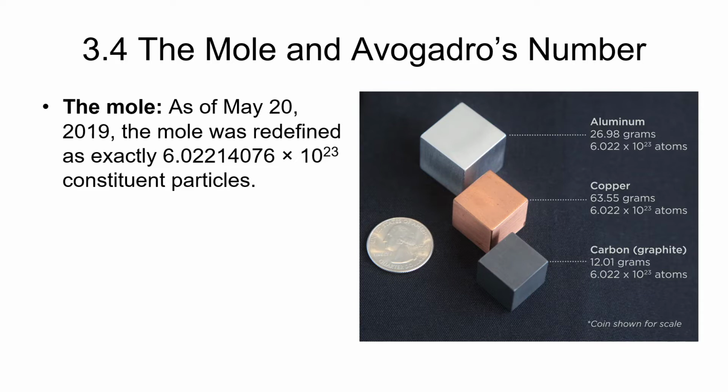So that is the definition. The old definition was exactly 12 grams of carbon 12, but that definition is not used anymore. So we are now onto this definition. The good news is that the numbers don't really change because we have so many significant figures here.